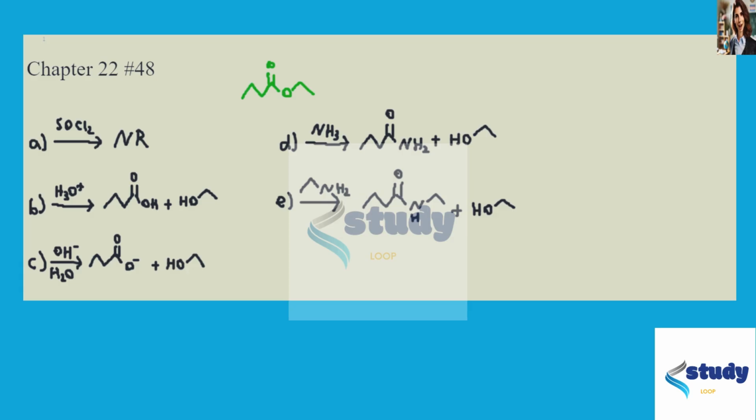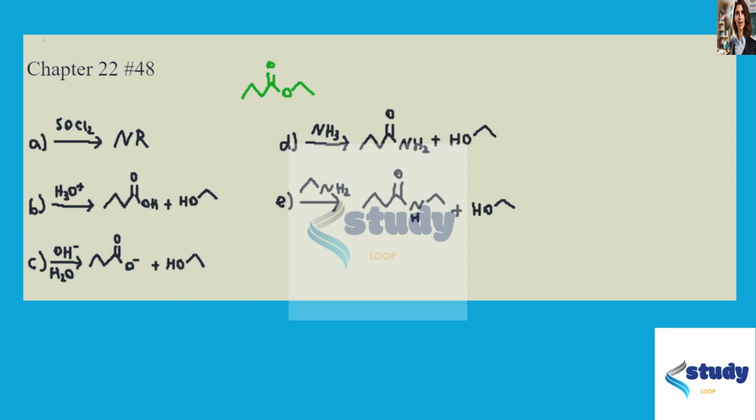Then C, D, and E are all going to react in a similar fashion. We're treating this ester with 3 different nucleophiles. Each of these nucleophiles is going to attack the electrophilic carbon in the carbonyl.